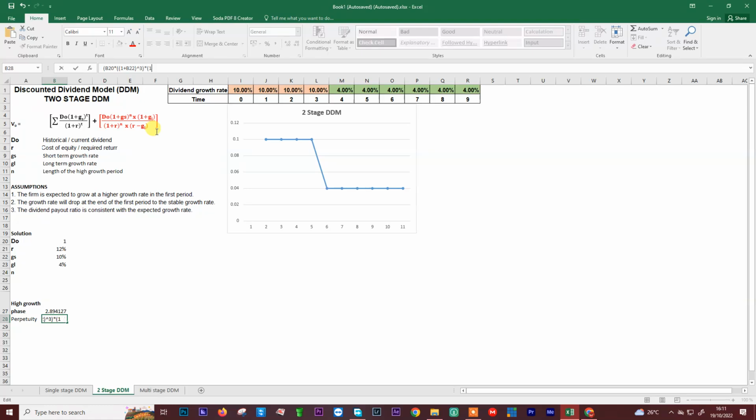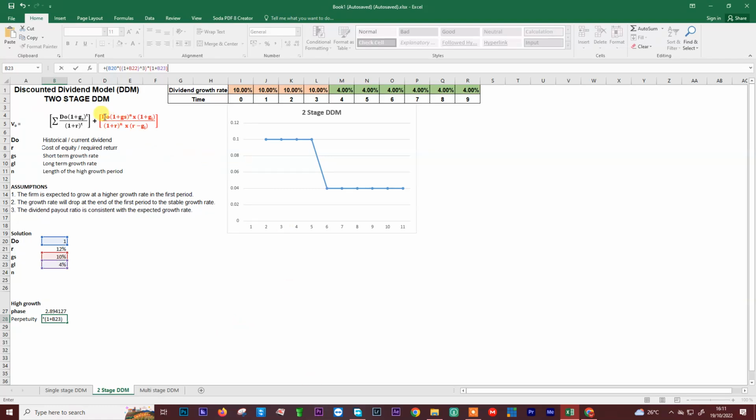So open the brackets, 1 plus GL, that value there, times 1 plus GL. Oh, I've not put a plus over here, so it needs to be a formula. Plus 1 plus GL, now it's active, you can see. Growth rate in the long term, we close the bracket there.